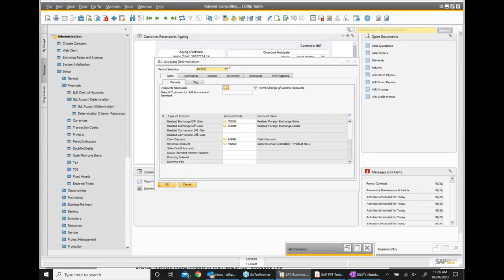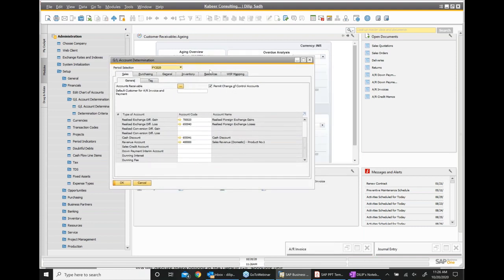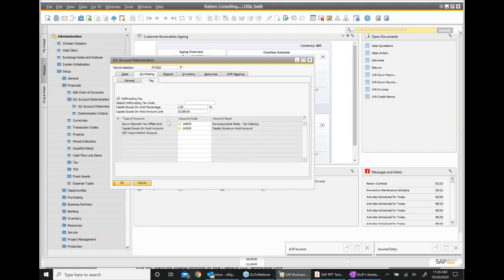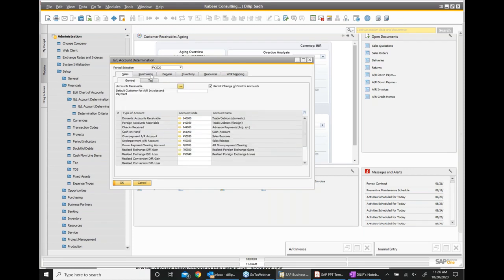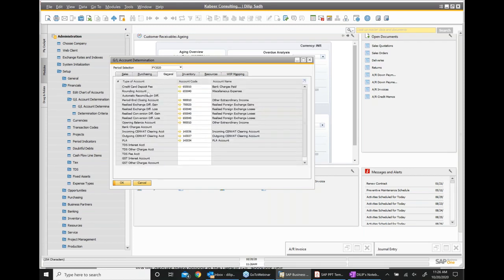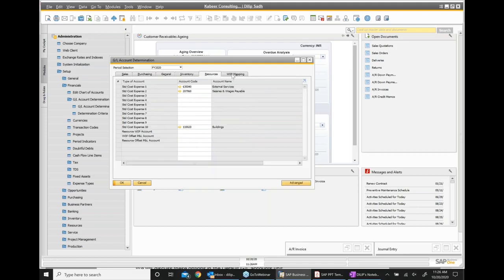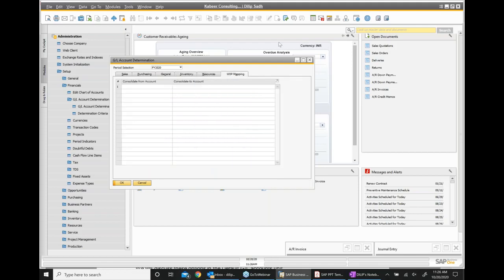I go to the account determination window. This is my account determination window. In this window, my revenue account is 4000. Similarly, there is a purchase account. There is a tax account. These are different tax accounts. So, sales account, purchase account, general expenses, inventory, resources, work in progress.